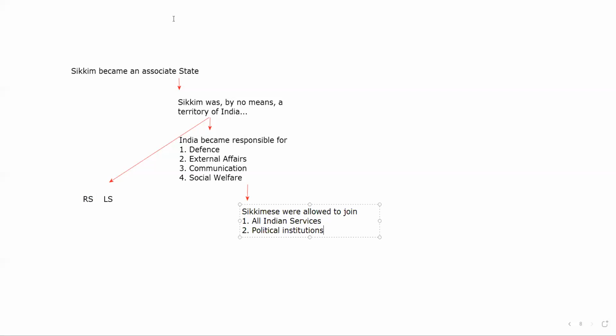Now, to give effect to the resolution passed by the Assembly of Sikkim, the government of India introduced the Constitution 35th Amendment Act of 1974. That is the point which we are going to discuss now.